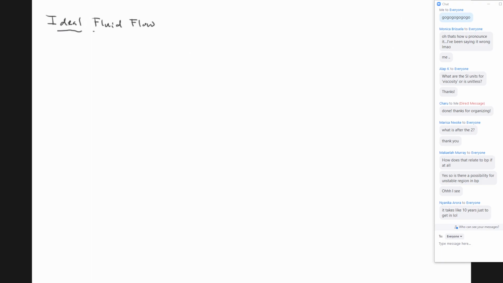So with ideal fluid flow, we're talking about a non-viscous, so no fluid friction. Laminar is viscous, but someone asked, are laminar and turbulent flows viscous fluid flow?